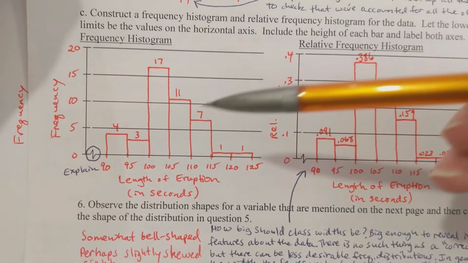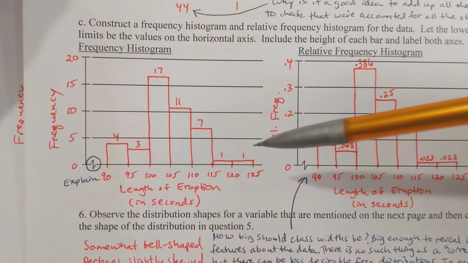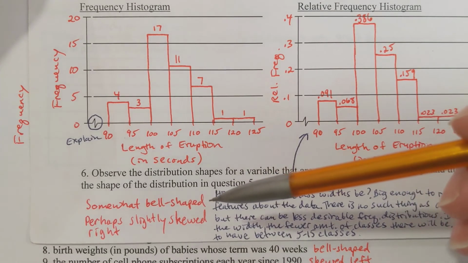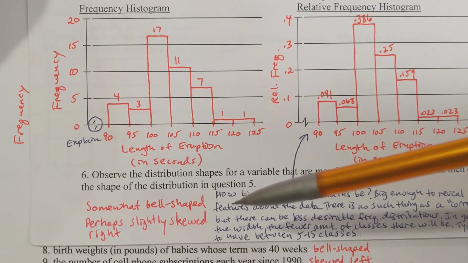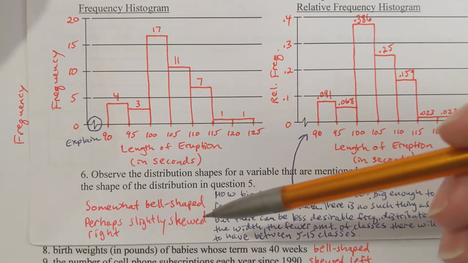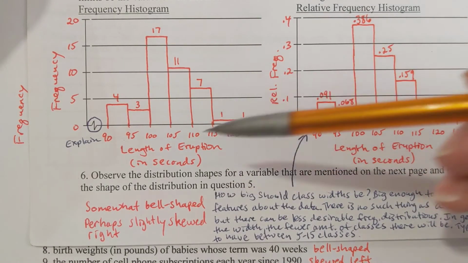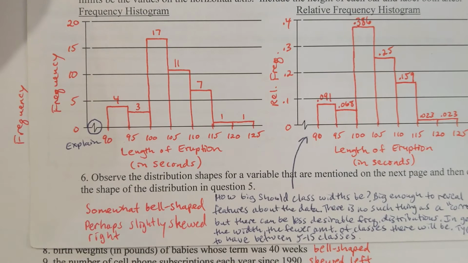Well, if we break the width down into a width of 5, we get something that's not necessarily bell-shaped. We could call it perhaps skewed to the right. By the way, these are the only 2 arguments that I would see for this graph.